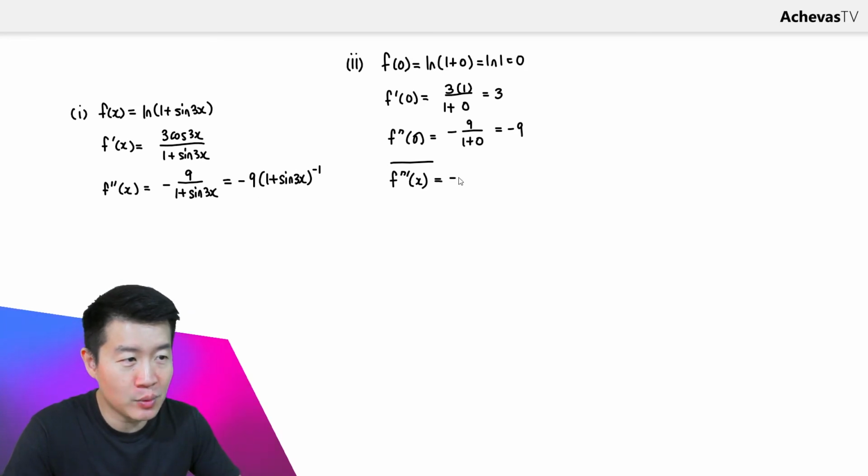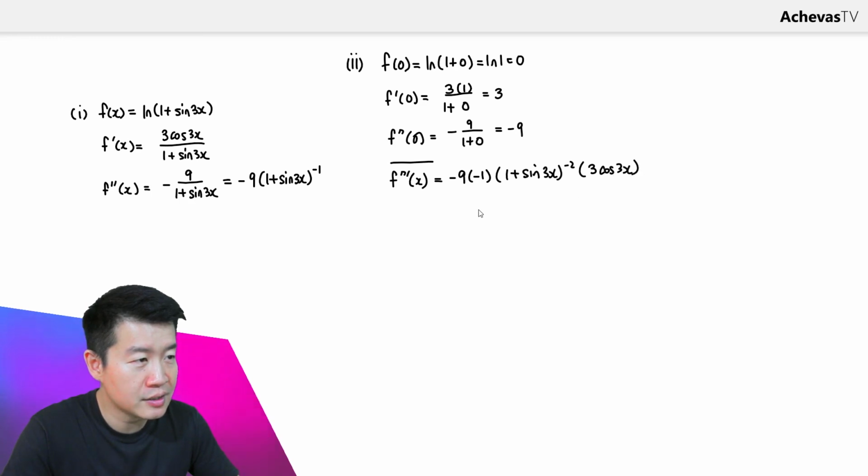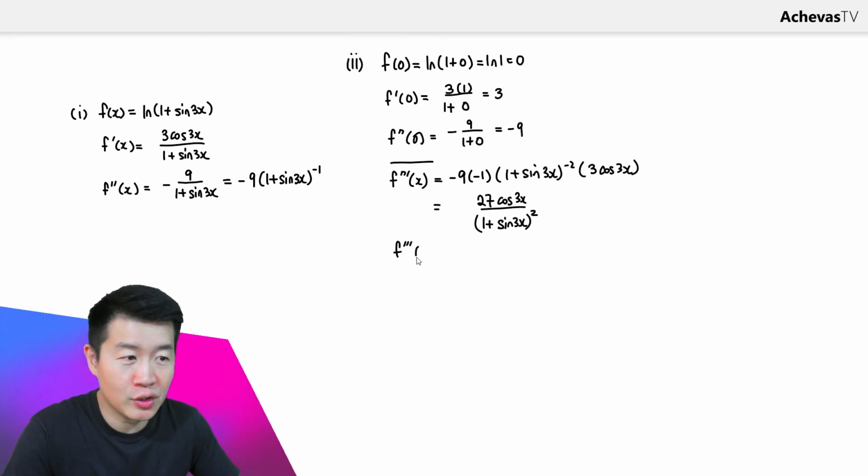So differentiating this, we will have a minus 9, then minus 1 times (1 plus sine 3x) to the power of minus 2, multiplied by differentiating sine 3x, which gives us a 3 cosine 3x. So f triple prime x will be 9 times 3, 27 cosine 3x divided by (1 plus sine 3x) squared.